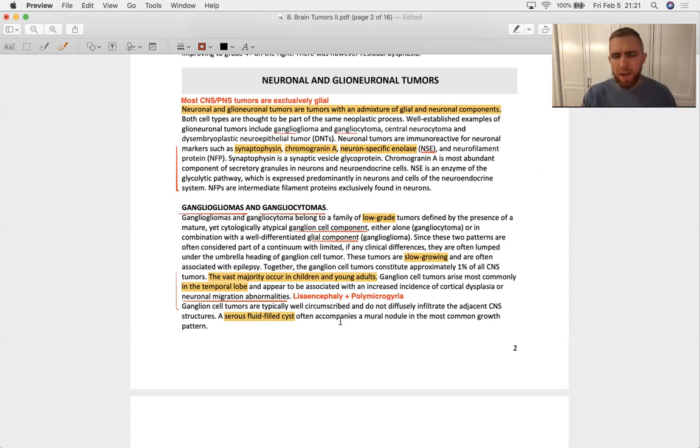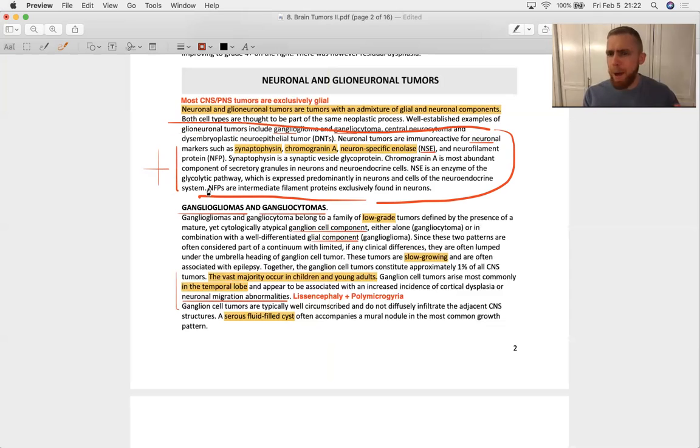So anything that is of neuronal origin will stain for synaptophysin and chromogranin A and neuron-specific enolase. That is super important. If they give you a test question and they want you to label it a neuronal tumor, then they're going to tell you it's chromogranin A positive, NSE positive, NFP positive.